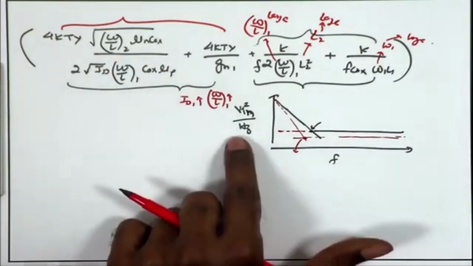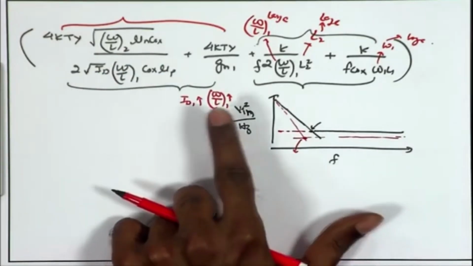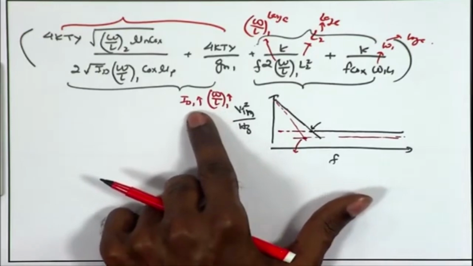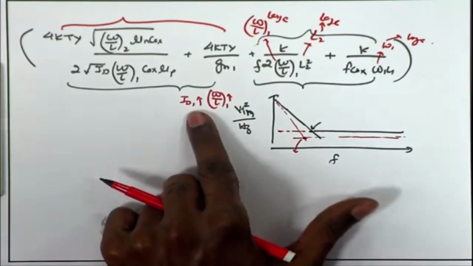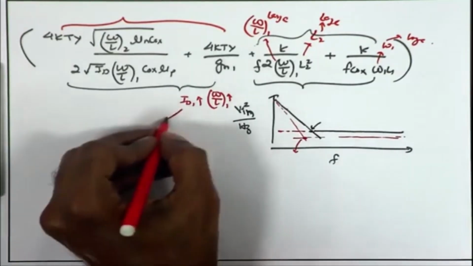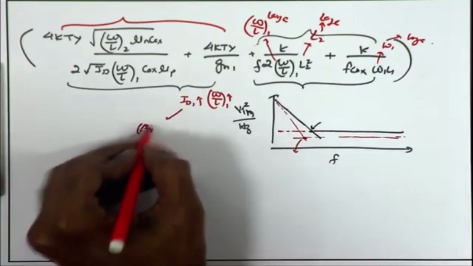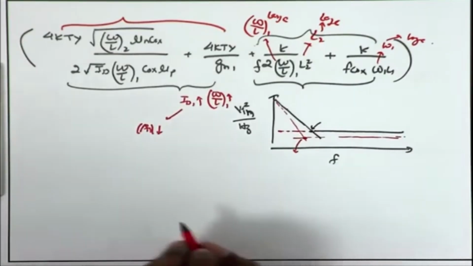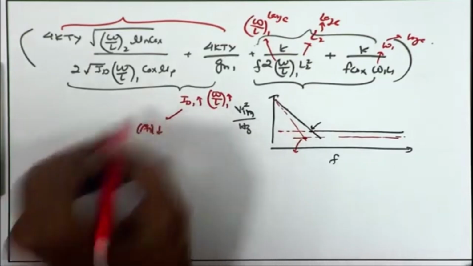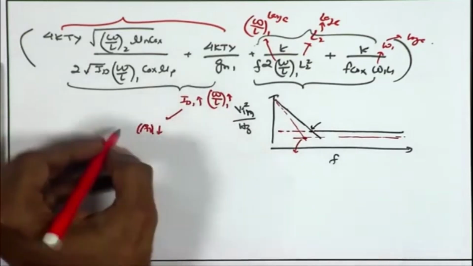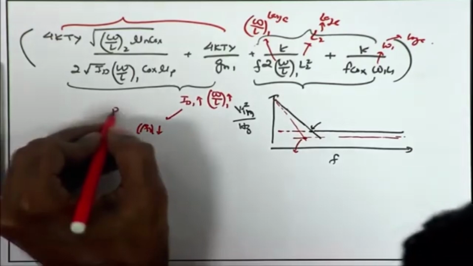Of course, again we see that there is going to be a trade off, right. If you are increasing the ID to reduce the noise, what are the two things that are going to happen? We have just seen that increasing ID reduces the gain, mod AV will reduce. Likewise, increasing the ID, power consumption will increase.